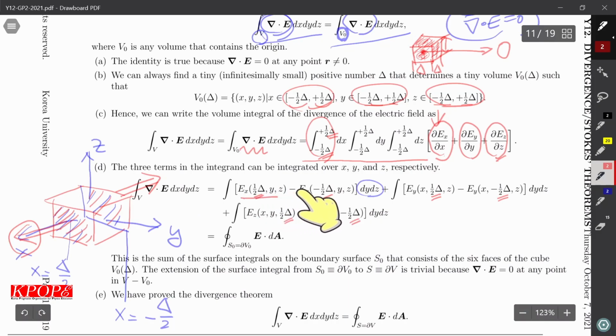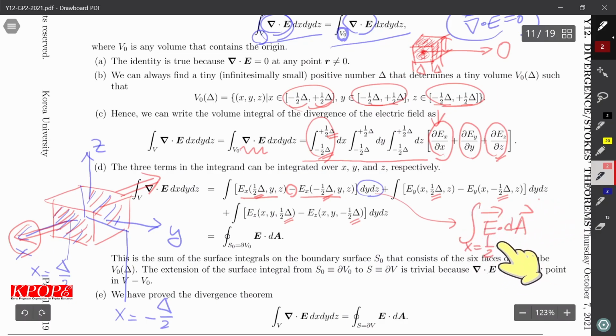Therefore, the sum of these, including the negative sign, is actually E dot dA on x equals 1/2 of delta plus x equals minus 1/2 delta, E dot dA.